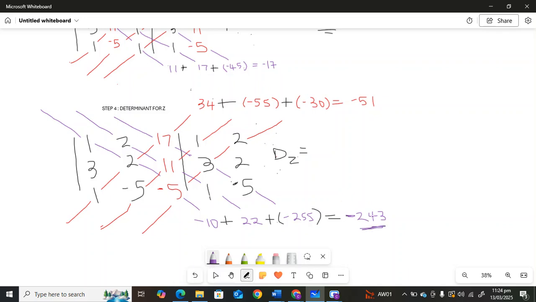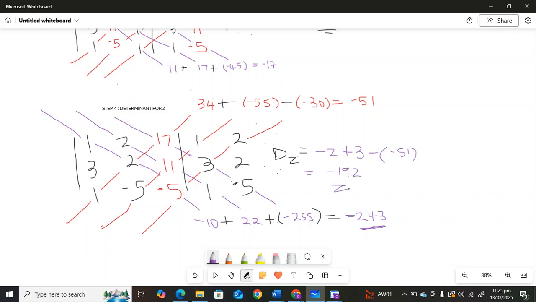Diagonal. Negative 192. Okay. Colleagues confirm.